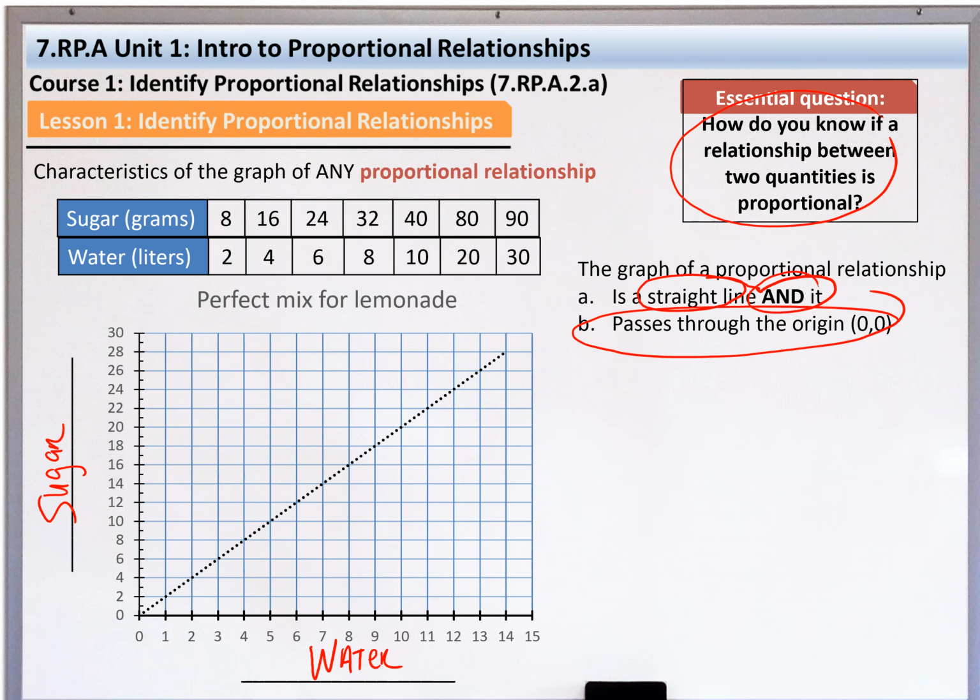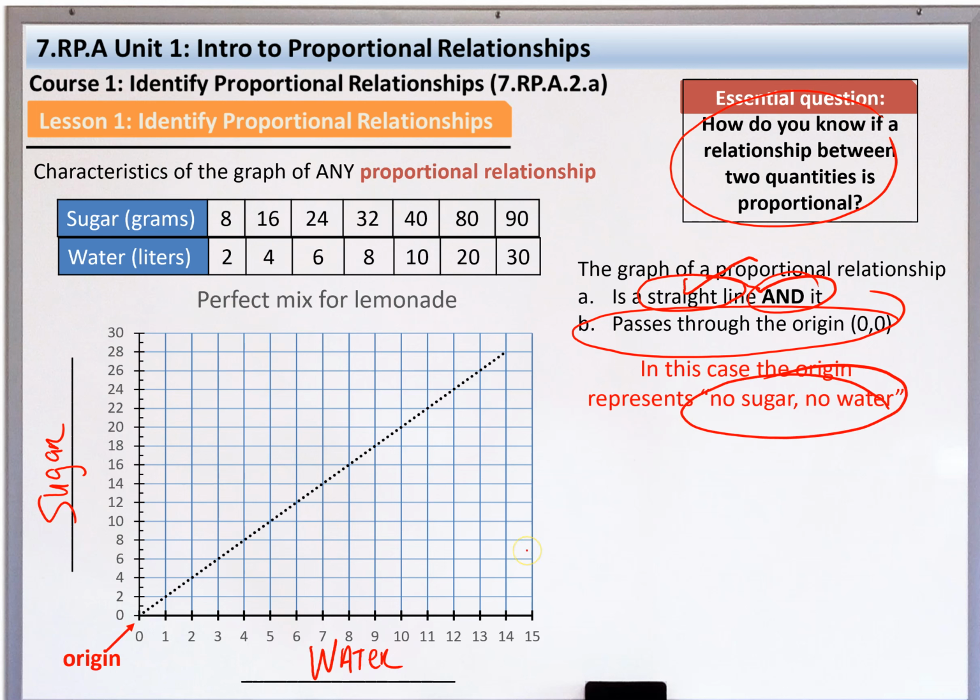One way you always know a proportional relationship is that, as we talked about before, they're equivalent fractions with a constant relationship. But another way, when you graph a proportional relationship, it's always two things at least: a straight line, and it must pass through the origin. Very important. In this case, the origin was that second question: no sugar, no water, 0, 0.